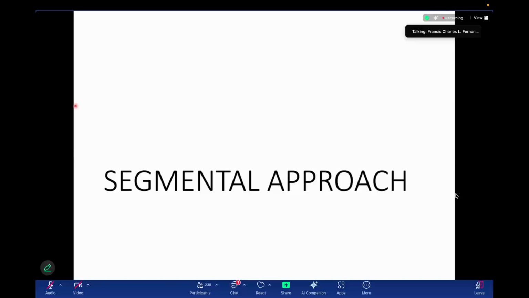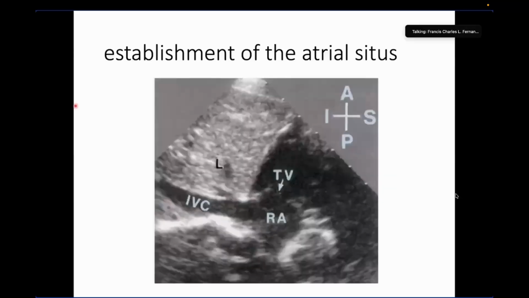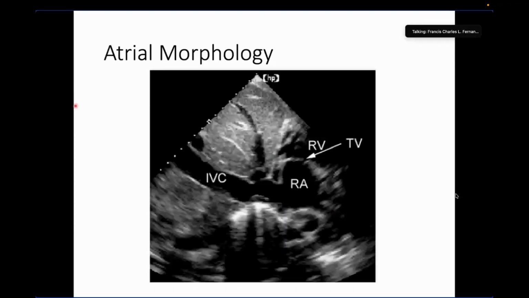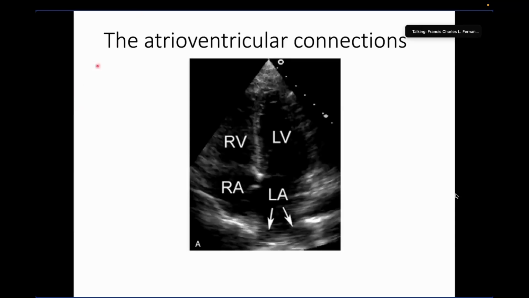Okay, so that I will not go into detail, but in recognizing congenital heart diseases among pediatrics, that should be described. Likewise in adults as well. So atrial situs, so we can say if it is correct, not interchanged. No? So this I will not go into, but suffice to say, ito yun.